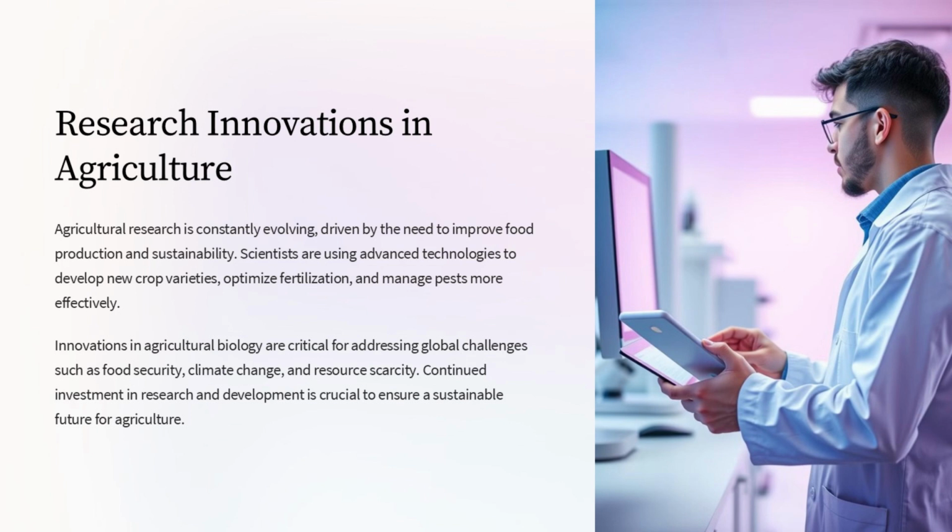Innovations in agricultural biology are critical for addressing major global challenges like food security, climate change, and resource scarcity. Continued investment in agricultural R&D is crucial to ensure a sustainable future for food production. The image on this slide depicts a researcher in a well-equipped lab, highlighting the cutting-edge nature of modern agricultural science.